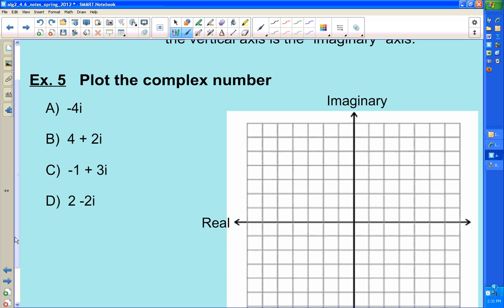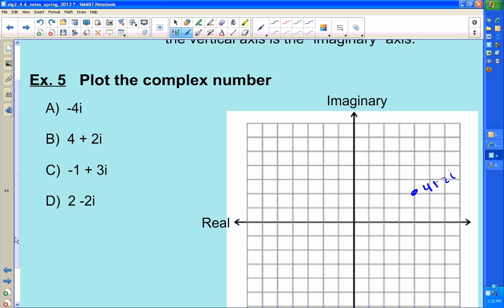So if we view letter B here, 4 plus 2i, which part is real? 4. Which is imaginary? 2i. So from the origin, we go right 4 on the real axis and up 2, and that's how you plot the point 4 plus 2i. It's called the imaginary plane, so we have an imaginary axis and a real axis. It has to be labeled like that.